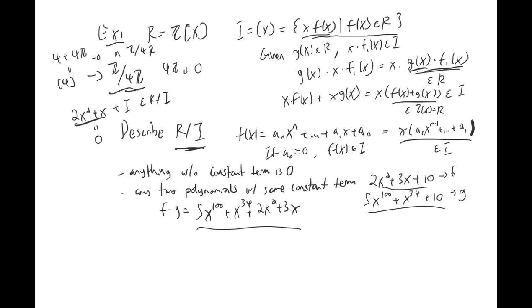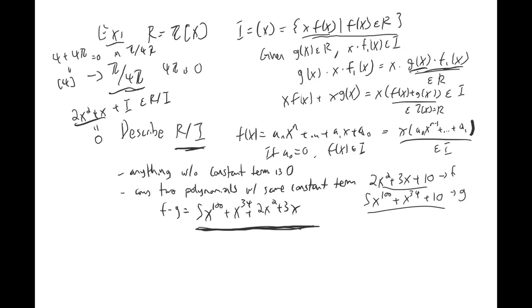So we're describing which elements are 0 here and which are not. We know anything without a constant term is 0. And anything with the same constant term, if I subtract, is this element in I? Is 5x to the 100 plus x to the 34 plus 2x squared plus 3x an element of I?